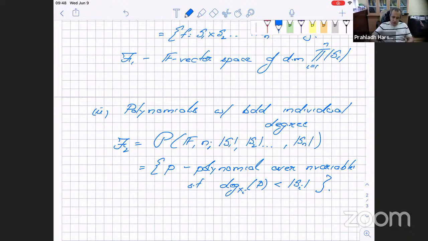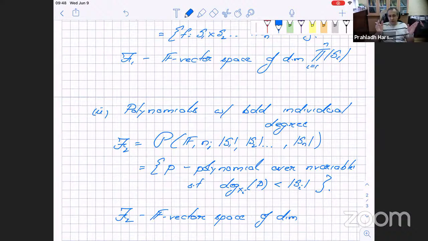One thing which we saw: F2 is also an F vector space. What is the dimension of this vector space? It's the number of possible monomials. And how many monomials are there? In each variable, xi to the power j, j can range from 0 to size of Si minus 1.